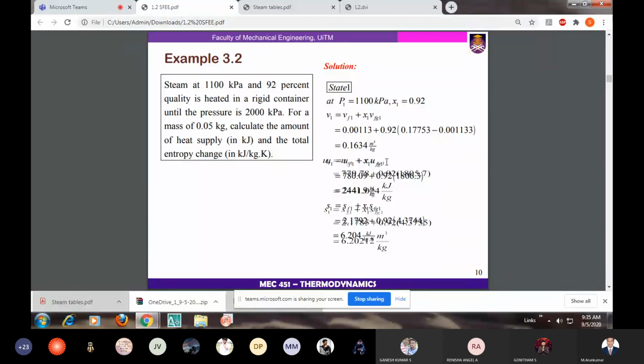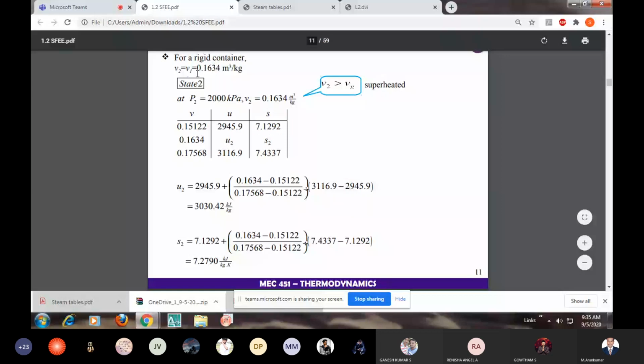Just go through these problems three times, then we can understand how to use this formula and the steam table, and how to interpret the values from the steam tables. So we found the U1, S1 and V1 values. Then we can move to the next question.